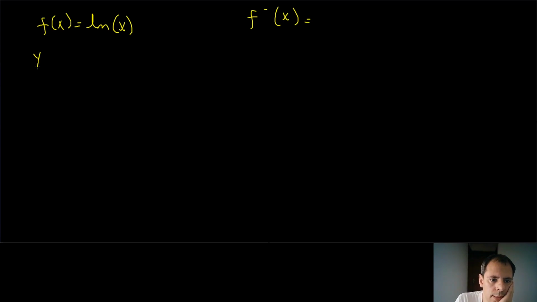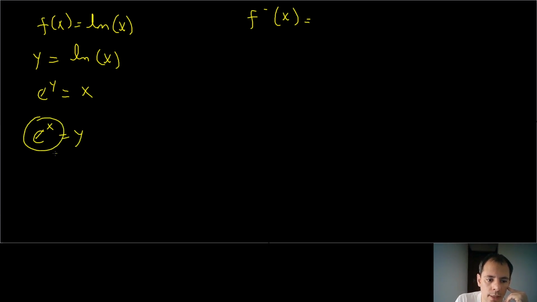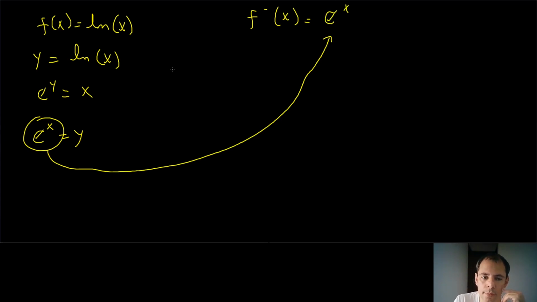You can say that y equals ln of x, a natural logarithm, so this means e to the y equals x. So there you go. We already isolated the x. So all you have to do now is switch the x and y, so y equals e to the x. You get this and you plug it in there. So ln of x and e to the x are inverses of each other.